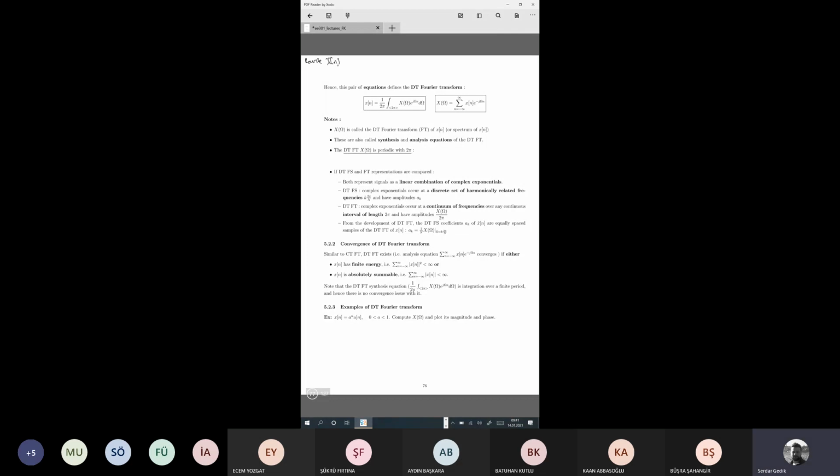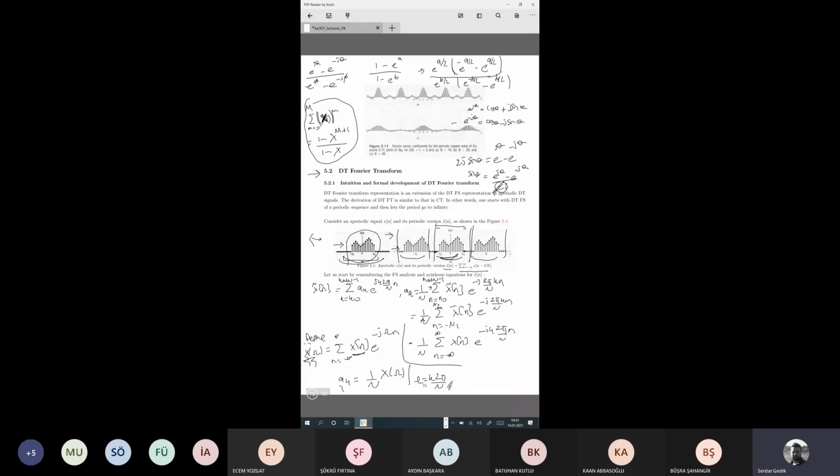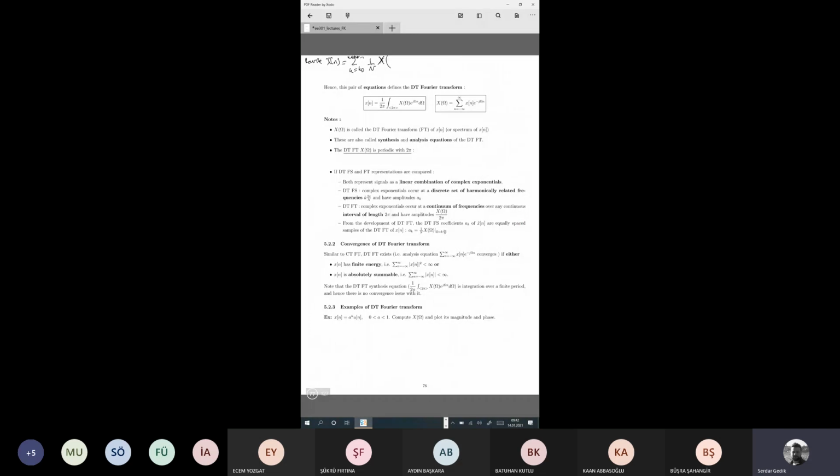If I rewrite x tilde of n, it is the summation over k from some k0 to k0 plus n minus 1 of 1 over n times X of, by the way, this is capital X, this X of omega, X of k 2 pi over n, times e to the power j 2 pi over n kn.